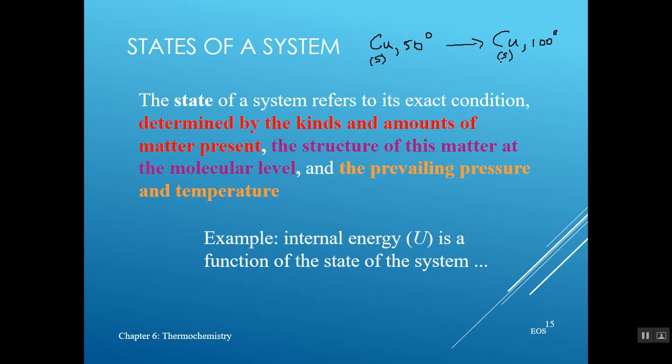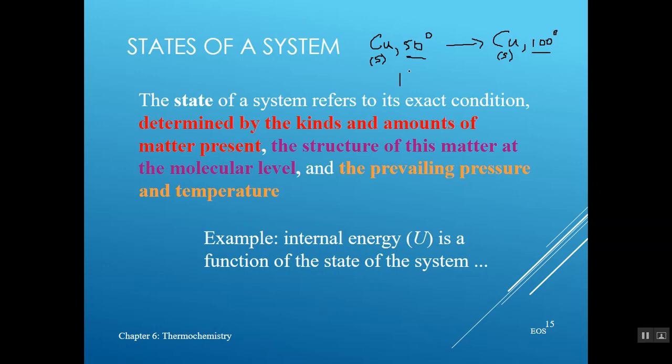But because the temperature changes from 50 degrees to 100 degrees, we're talking about a change in state. In other words, the copper at 100 degrees Celsius would be of a different state compared to copper at 50 degrees Celsius. So that's what we mean by its state. If the temperature changes for a substance, even if it doesn't melt or convert into a gas, there's still a change in state.